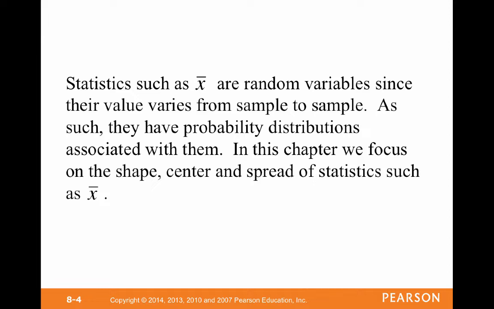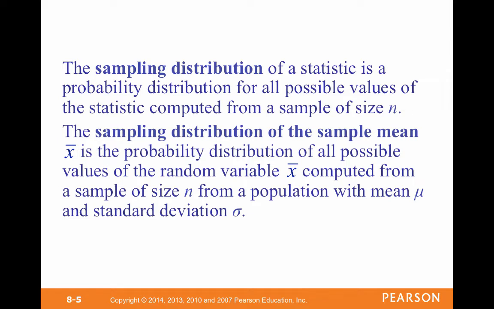So in this chapter, we focus on the shape, center, and spread of statistics such as x bar, the sample mean. So the shape, it's going to turn out, is bell-shaped, and then we'll talk about the center and the spread, which is the mean and the standard deviation of the bell curve. So the sampling distribution of a statistic is the probability distribution for all possible values of the statistic computed from a sample of size n.